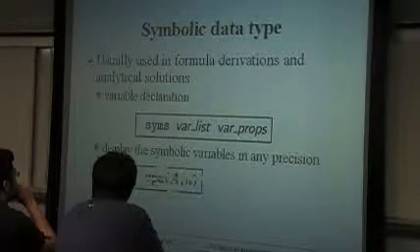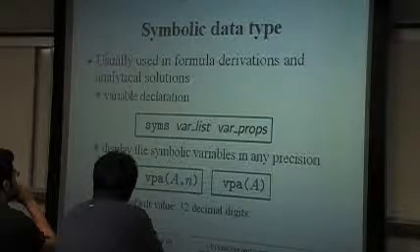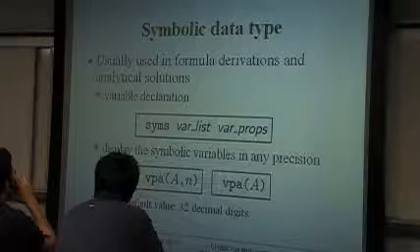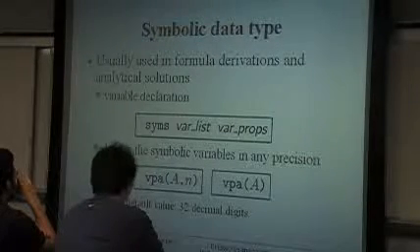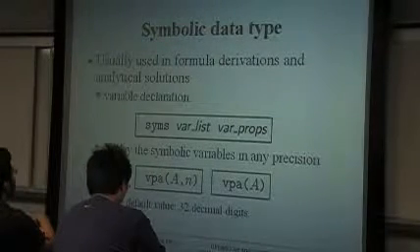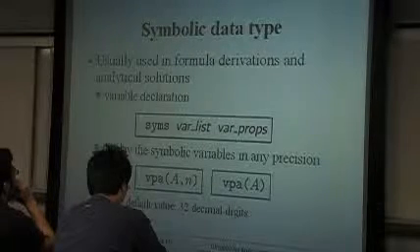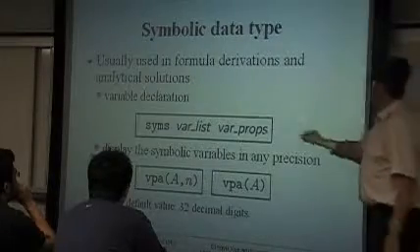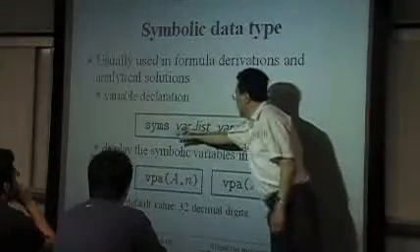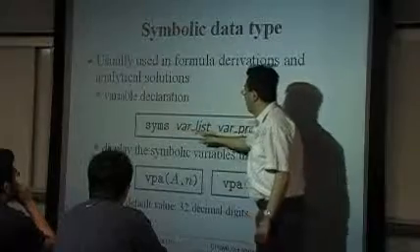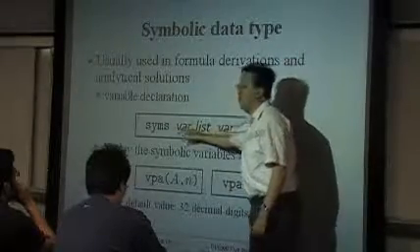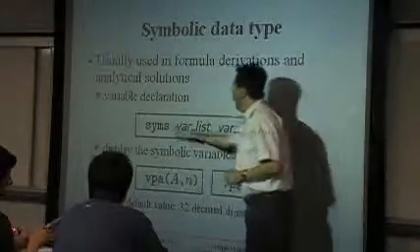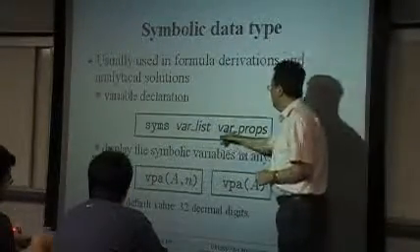Another useful data type is the symbolic data type. I have used the command syms x to declare that x is a symbolic variable. So once you want to derive formulas directly, then you have to specify the symbolic variables, and you can declare several symbolic variables together separated by space. You can declare several variables, and you can also declare the properties of the variable.